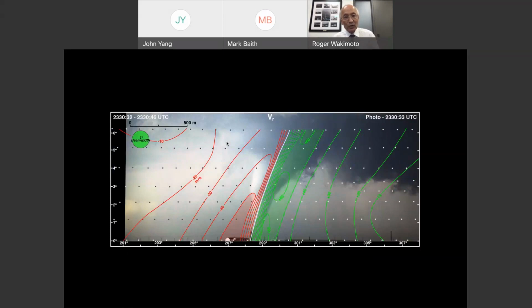How about doing a vertical cross-section through the rotational couplet? And I first have to apologize because I shouldn't have used red and green. If you have color blindness, these are the worst colors I could have shown, so I apologize. For those who can see it, the green represents velocities away from the radar. The red represents velocities toward the radar. Shaded green is greater than 50 meters per second.